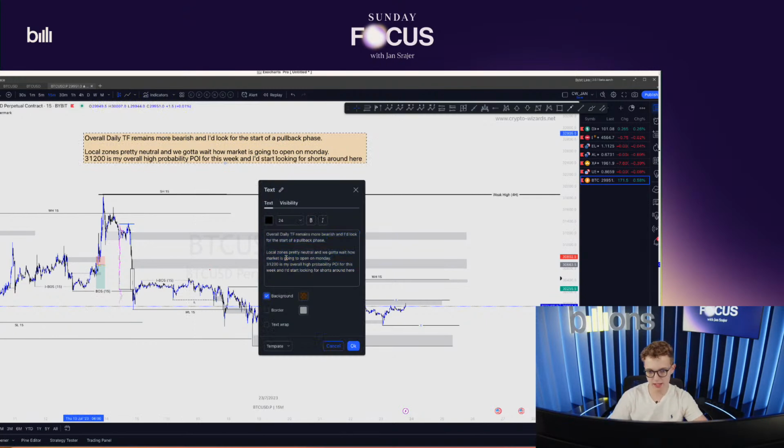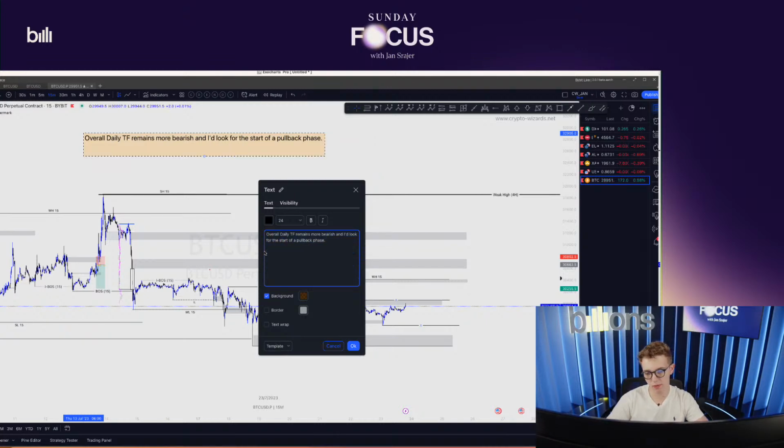So let's write down the bias. We can actually keep this from last week. Overall, the daily time frame remains more bearish, and I look for the start of a pullback phase. 30,400 key zone on BTC. As soon as we are below the level, the chart remains more bearish.